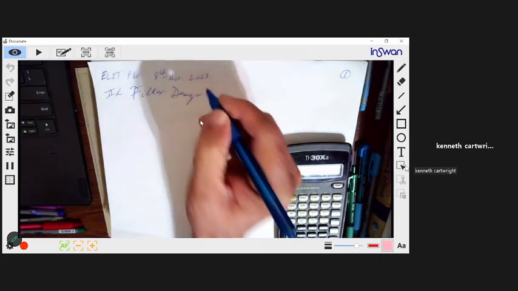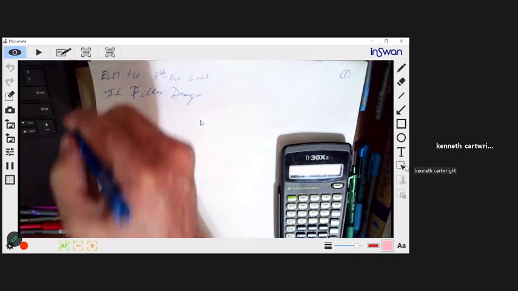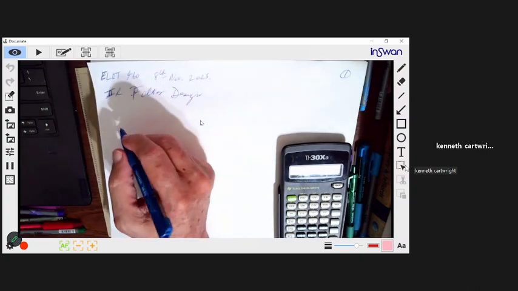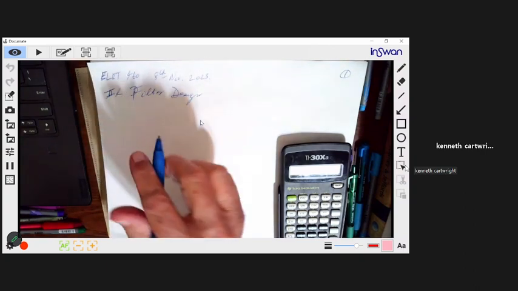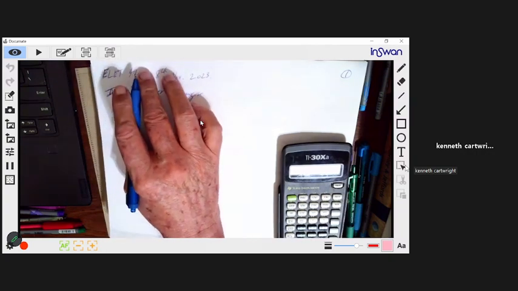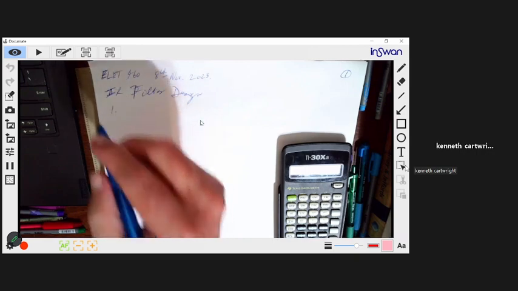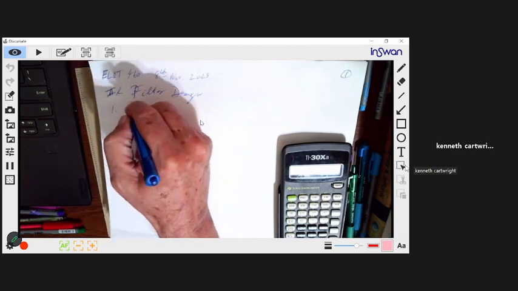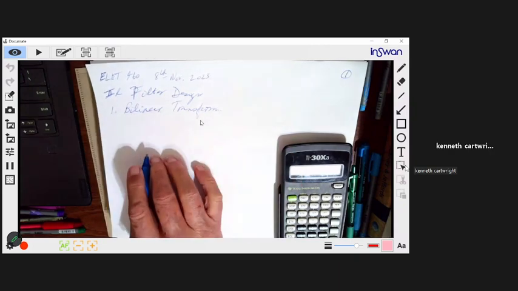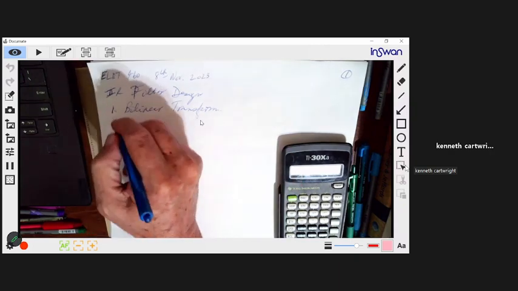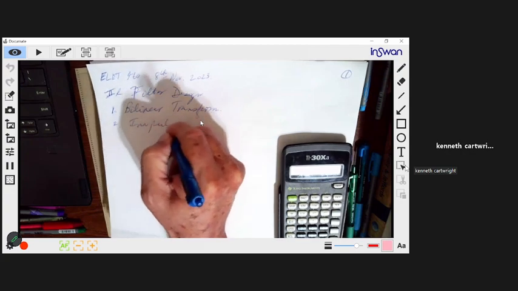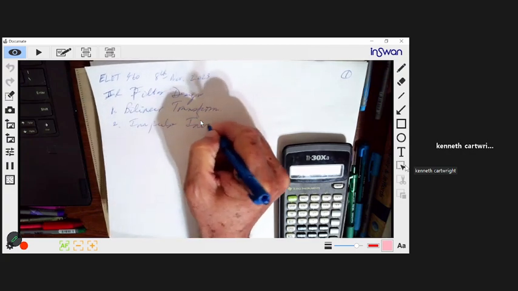There are actually a number of different ways of doing this. One method is the bilinear transform. Another method is impulse invariance.